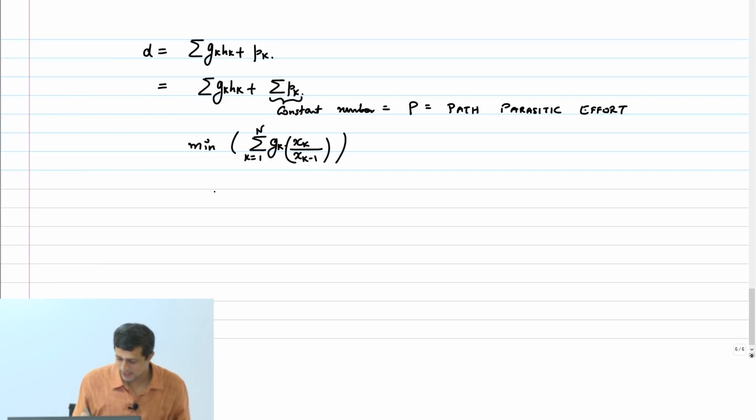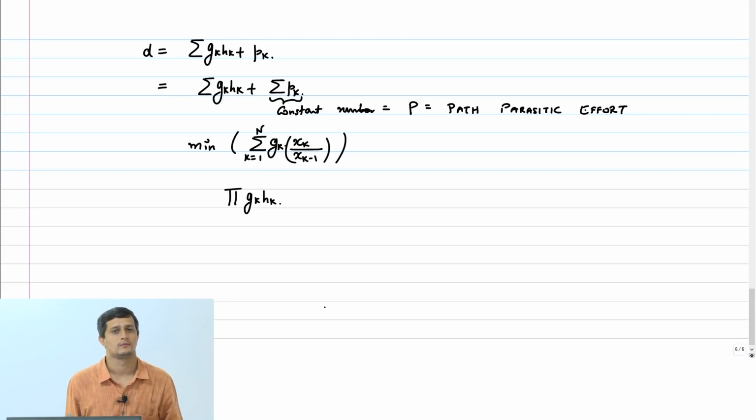Now let us look at the nature of these terms. Let me look at the product Gk into Hk. Just let me look at this term and I will call it f, k equals 1 to n.